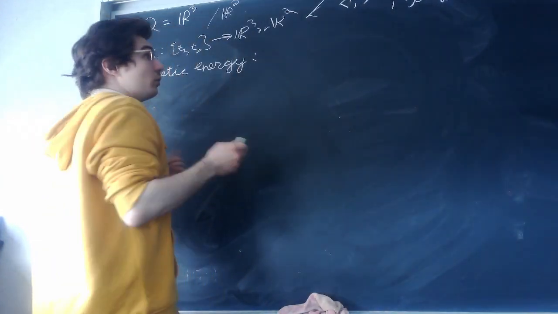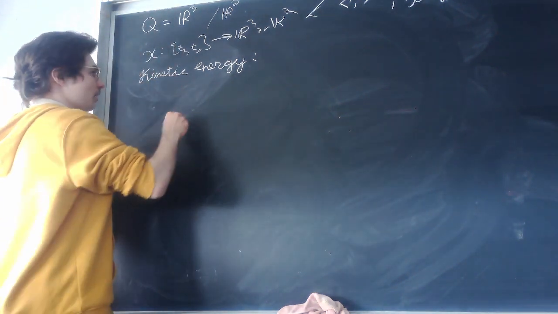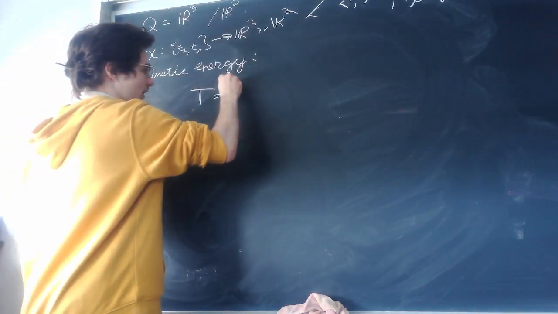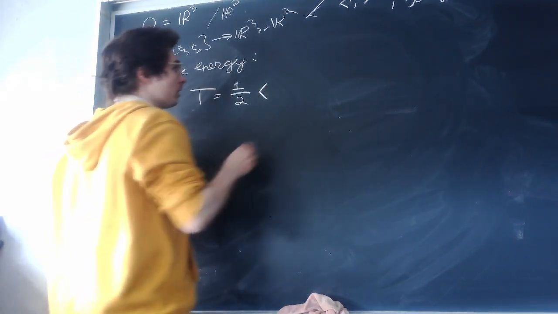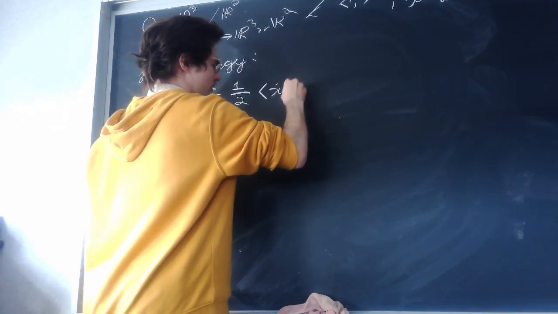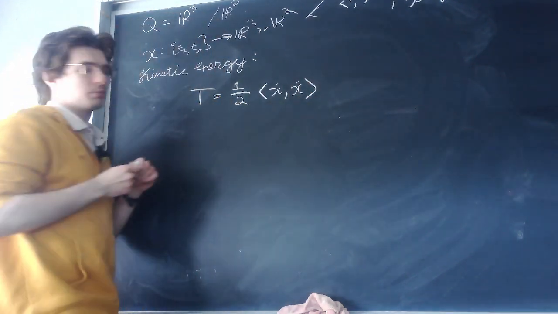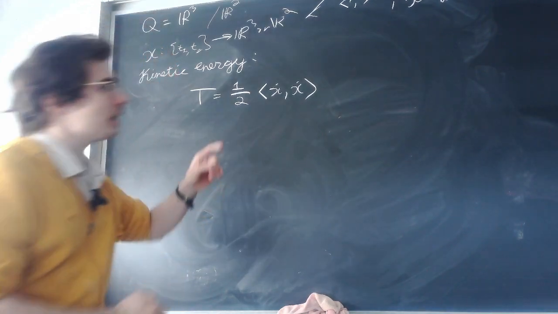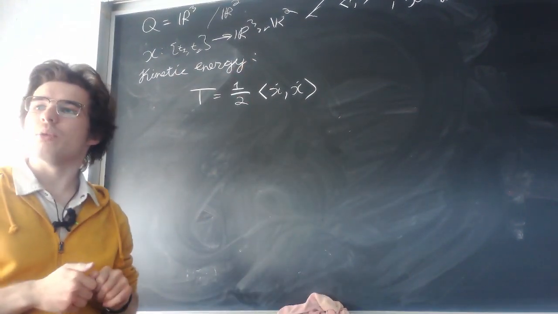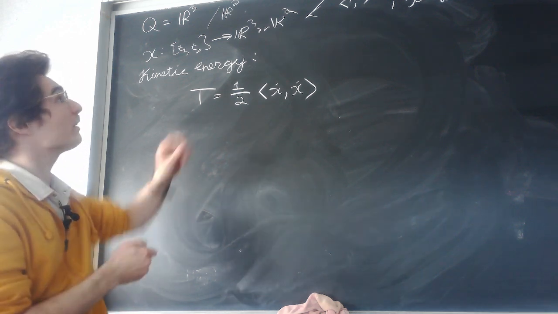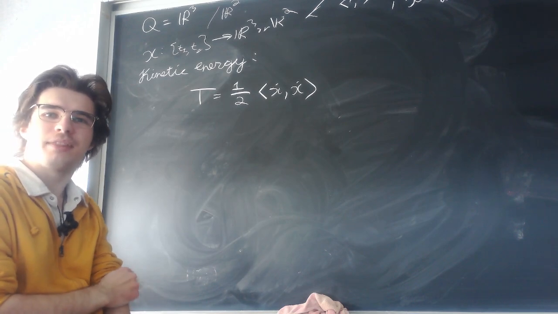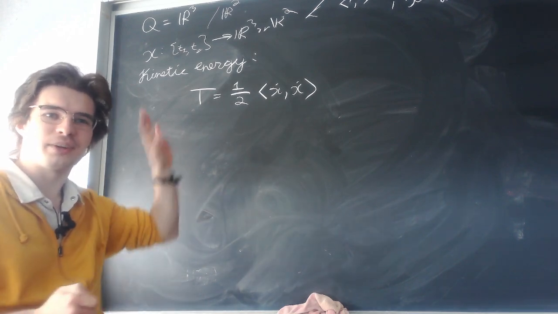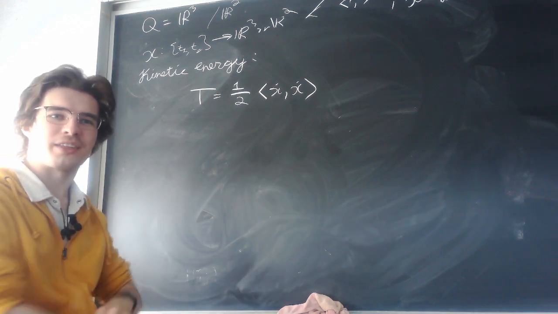And what I can do is define the kinetic energy T to be 1/2 times the inner product of x dot with itself. Why is this possible? Because once we take x dot, the derivative of x, we can still think of it as some vector in R3. Maybe this is not exactly the right way to think about it, and we will think about that later.